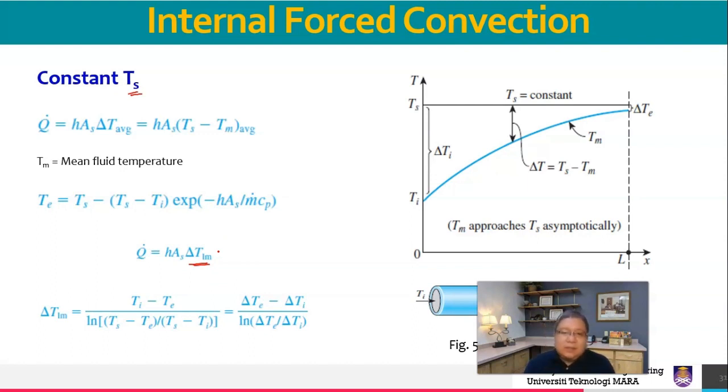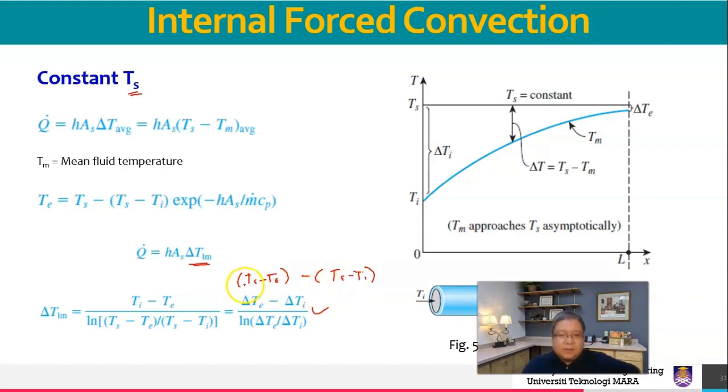Okay, so we tend to linearize this relationship. That is why you have delta T log mean. So delta T log mean is basically this formula. This delta Te is Ts minus Te, and you minus it with Ts minus Ti.